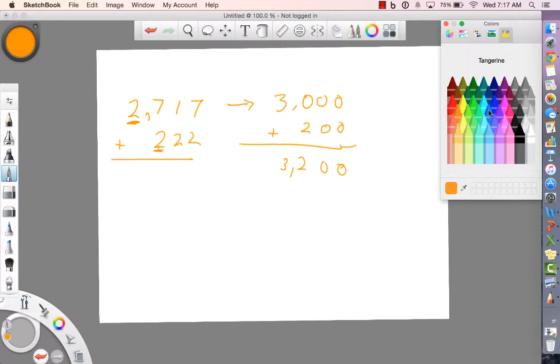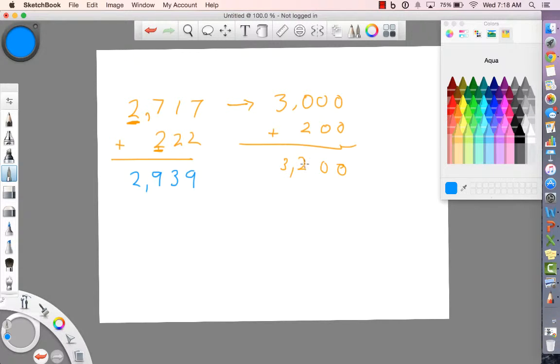Of course, if we were to actually do the adding, we just stay over here, and 7 plus 2 is 9. 1 plus 2 is 3. 7 plus 2 is 9. And then bring our 2 down, because there's nothing under here. 2,939, and this was 3,200.